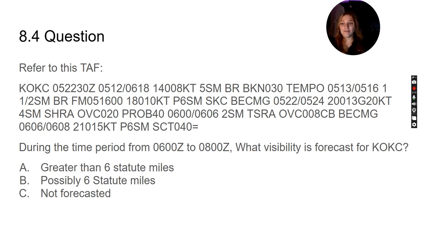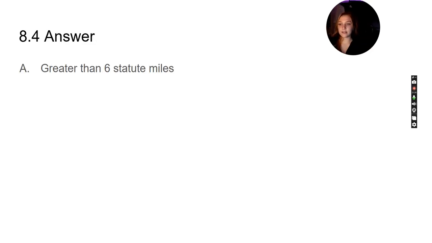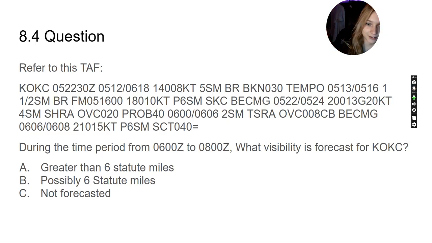So, anyways, refer to this TAF. During the period from 060Z to 0800Z, what is the visibility forecast for KOKC? So pause it, take a look, and the answer is greater than 6 statute miles. And if you couldn't find it, let's find this together, because I don't remember. So we have to find the time period.